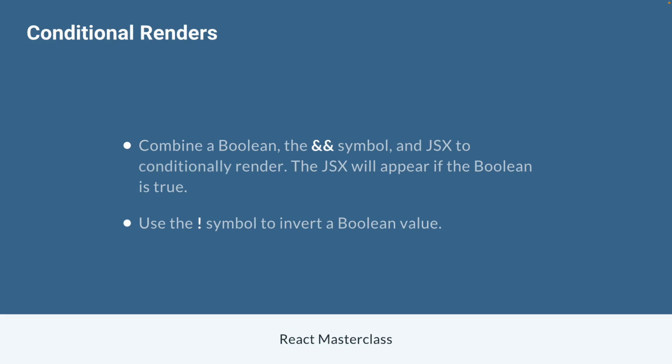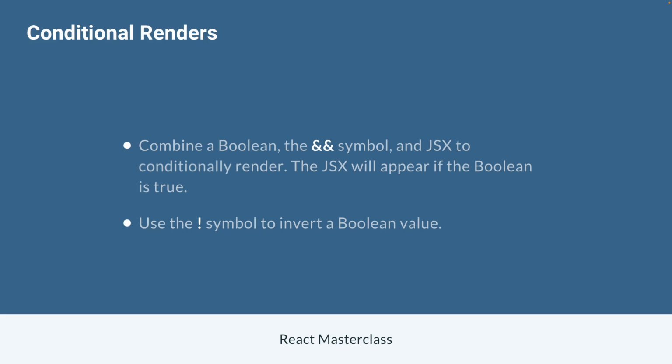The way the syntax works is within our JSX, we provide the curly braces, then a Boolean, then the double ampersand symbol, which is JavaScript's AND operator, and then the JSX that we want to conditionally render. And of course, that JSX will appear in our HTML, in our markup, but only if the Boolean evaluates to true.